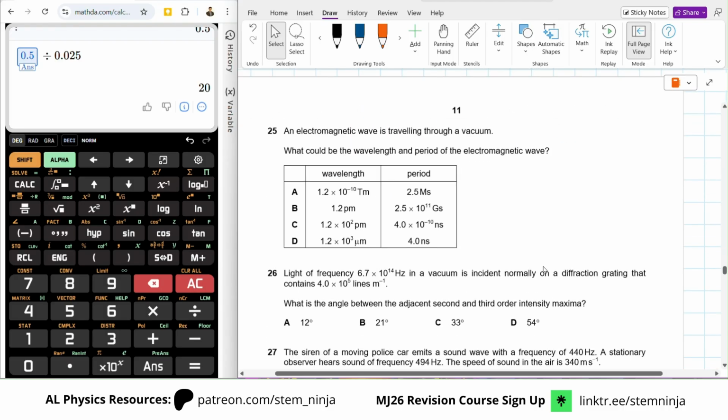An electromagnetic wave is traveling through a vacuum. What could be the wavelength and period of the electromagnetic wave? So remember, the speed is basically 3 times 10 raised to power 8 meters per second.